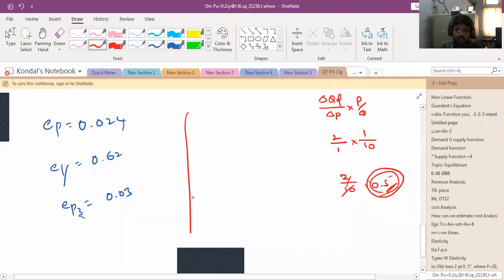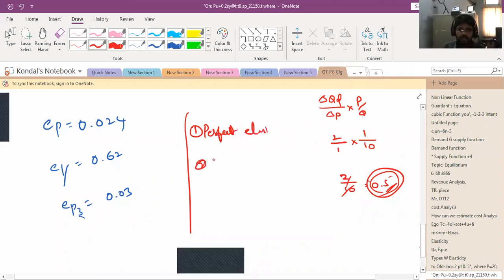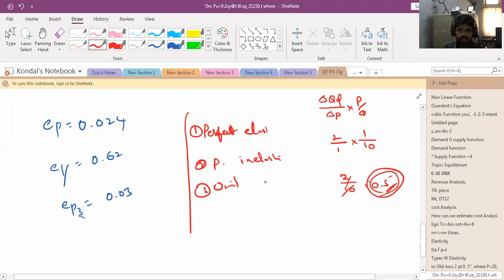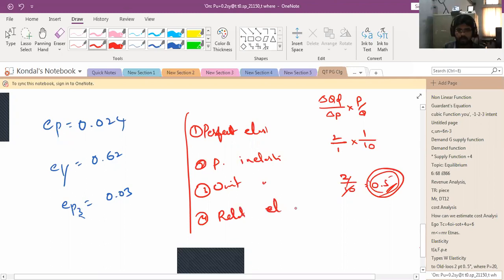First we need to know the types of elasticity. The first one is perfect elasticity of demand, the second is perfect inelastic, the third is unitary, the fourth is relatively elastic demand, and the fifth is relatively inelastic demand, right?